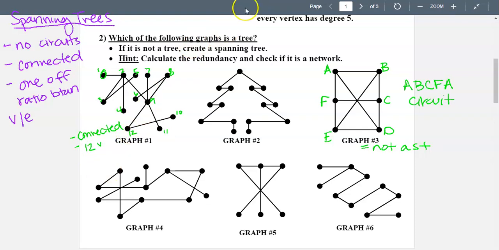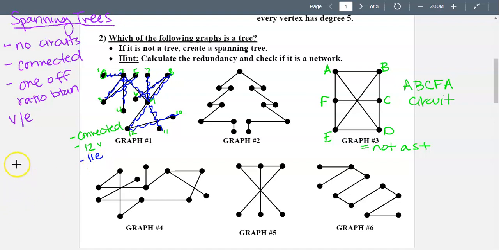And then let's count the number of edges that we have. So we have 1, 2, 3, 4, 5, 6, 7, 8, 9, 10, 11. And we have 11 edges. So you'll notice this is the one-off ratio, right? You have one more vertex than you have edges.